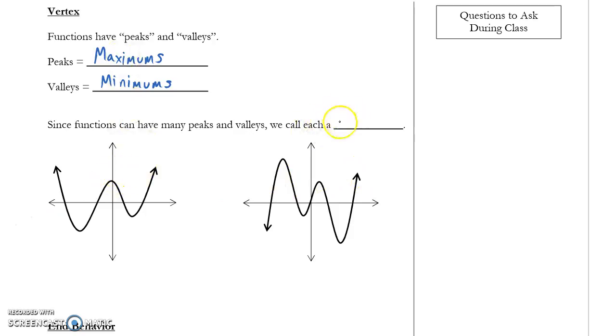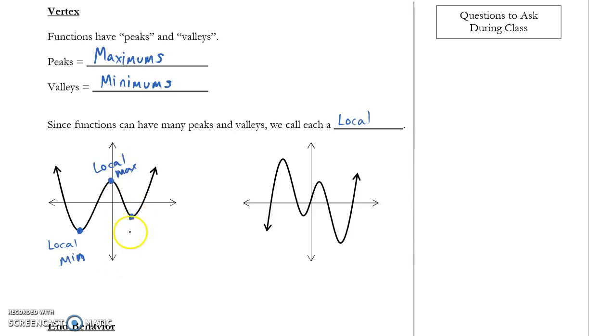When we look at them, we actually call them local. So I would call this point here, since it's at the bottom of the graph, a local minimum. Any time I have a peak, I call it a local max.